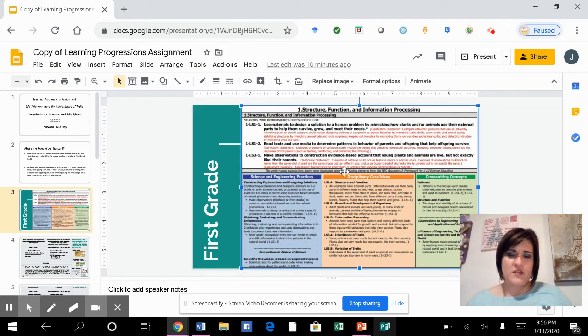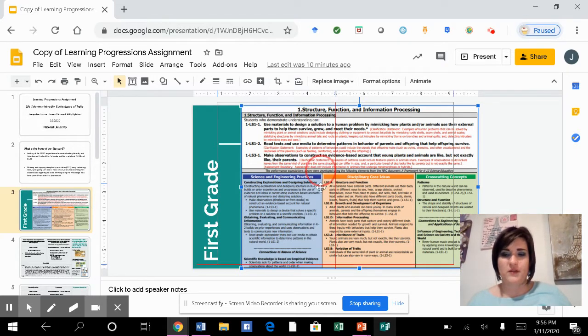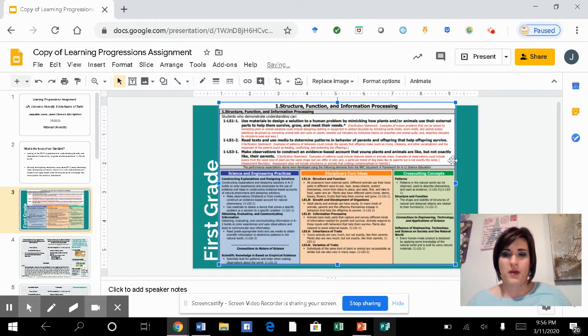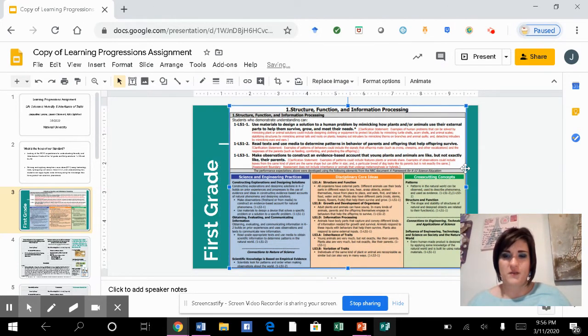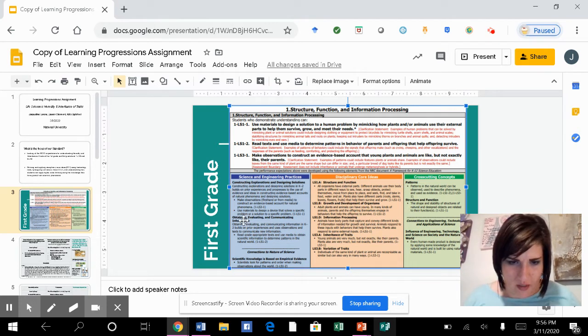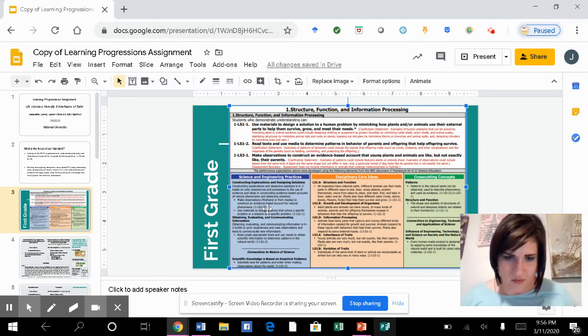The purpose of this standard is to help students be able to connect how there are specific traits that are passed down from a parent to an offspring, and looking at how there are similarities and differences between a parent and the offspring. We're also looking at how we construct explanations and design solutions.